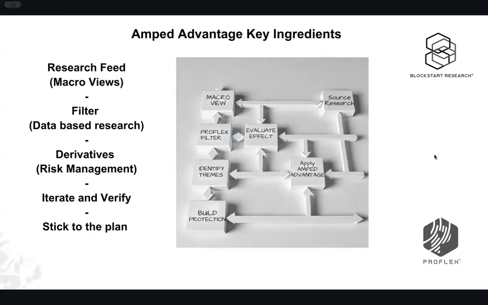You cannot just build your macro view, and if the market is not agreeing with it, you should quickly iterate and verify. Based on this, we have created a formula which has been working for us. We start with a macro view, we use derivatives heavily to build hedged entries into the market, and then we are willing to change and adjust.